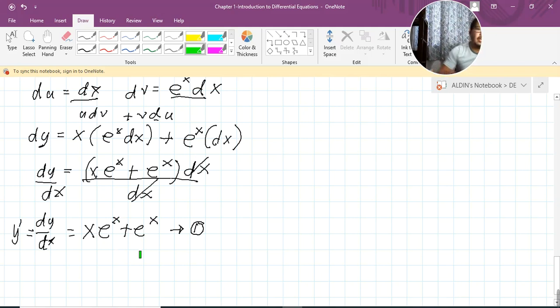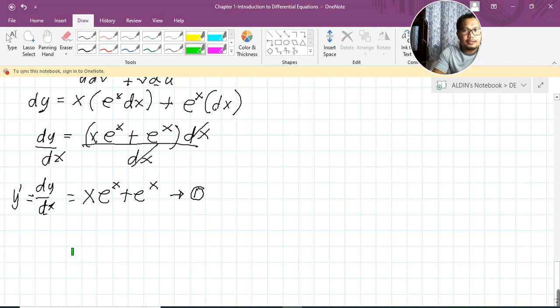Yan. Ngayon, from this first derivative, hanapin natin yung second derivative. Okay? Punta tayo sa second derivative. So, second derivative, pwede ko na sigurong i-direkta, no? Direkta na ako dito. Nakasunod kayo?